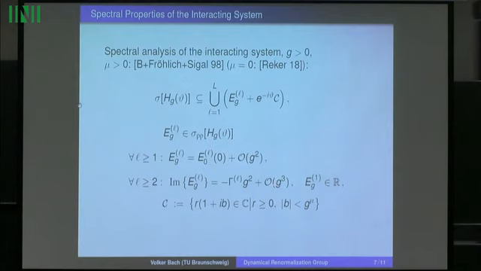And here is the cone that I described. Its opening angle goes to 0 as the coupling constant tends to 0. This picture is established by applying the renormalization group based on the Feshbach-Schur map.